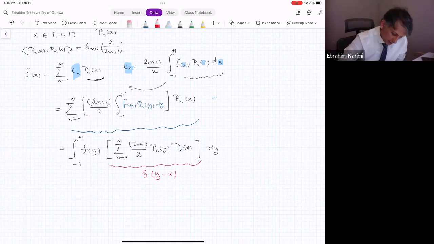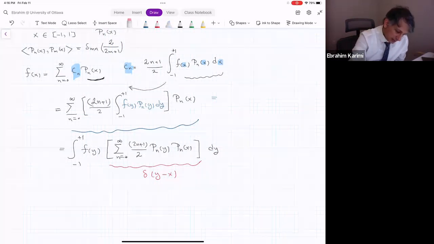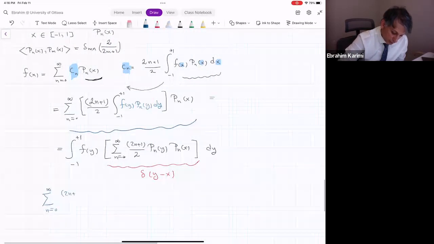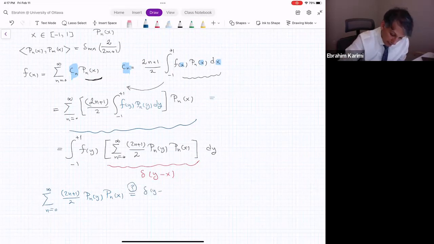So in order to have such a relationship, and that is what we mean by completeness, the summation of n from 0 to infinity of (2n+1)/2 Pn(y) Pn(x) should be equal to, I'm putting a question mark here, delta of y minus x.